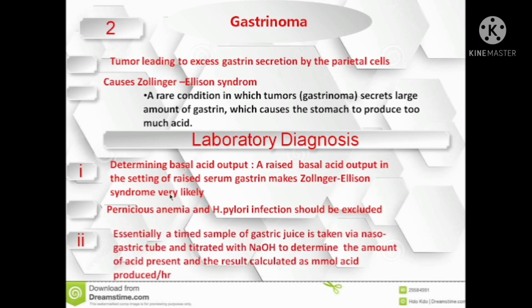Essentially, a timed sample of gastric juice is taken via nasogastric tube and titrated with sodium hydroxide to determine the amount of acid present, and the result is calculated as millimoles of acid. So that is the procedure involved in determining the basal acid output. Very important.